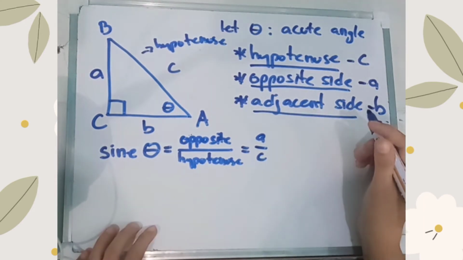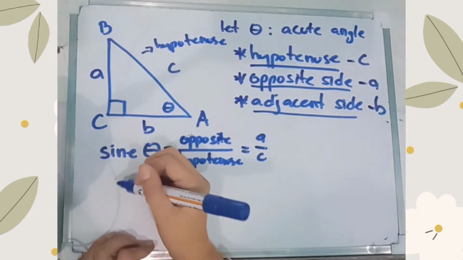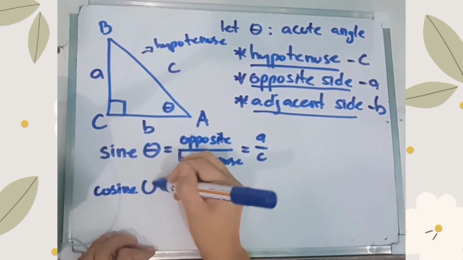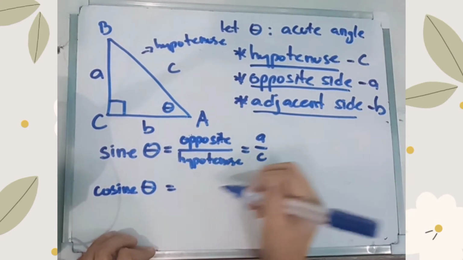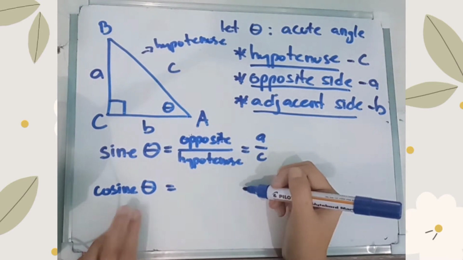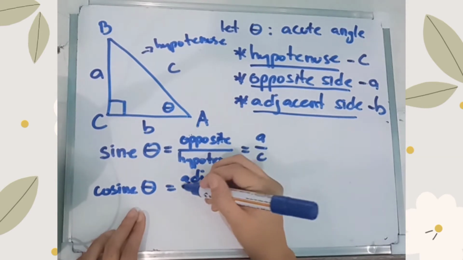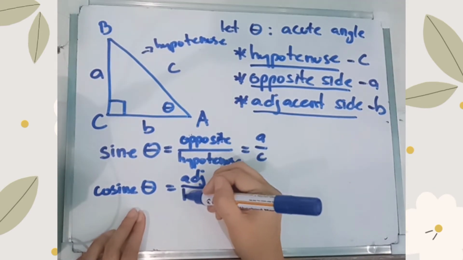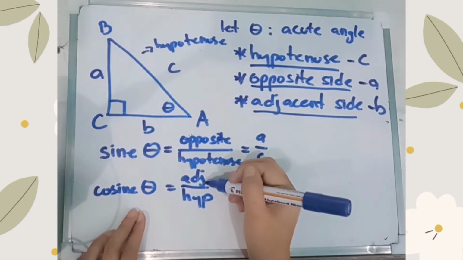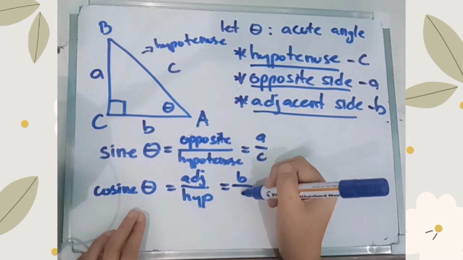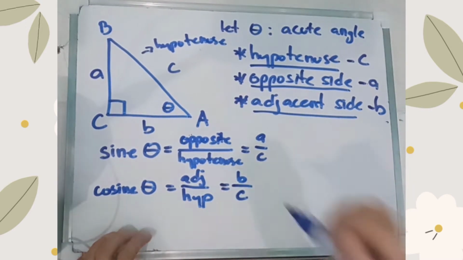Next, we have cosine theta. The ratio for cosine theta is adjacent over hypotenuse. Adjacent is side b, hypotenuse is side c.